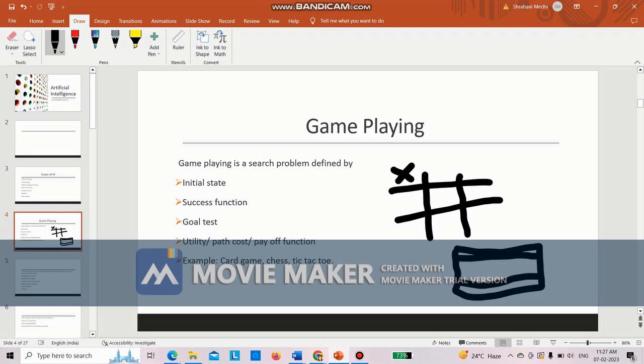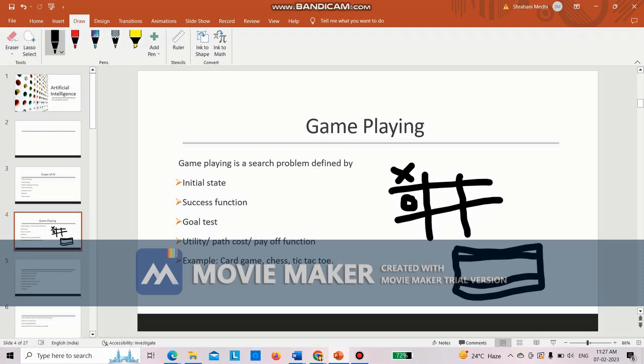Suppose first it is empty when the game has just started, so it is all empty, so the cross can be put anywhere. Now it is the turn of the second player to give a circle. Where can it give a circle? In any of the squares which is empty. So these are empty, but this is not, so the circle can be put anywhere here. So these are the success functions for the tic-tac-toe game.